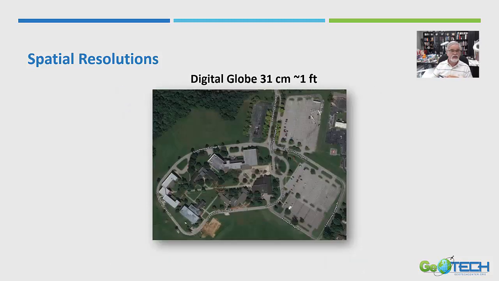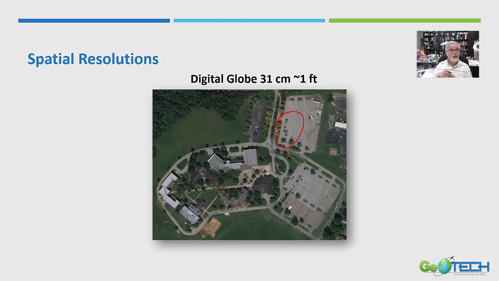If we increase the resolution again to about 1 foot resolution, so now we're going from 10 meters to 1 foot. Now you can start to see the buildings very obviously, the parking lots, and even the cars in the parking lot. This is the location of the National Geotech Center, the southwest campus of Jefferson Community and Technical College.